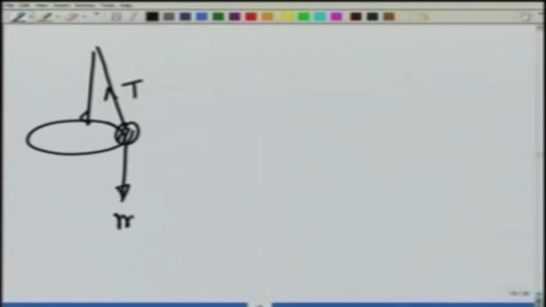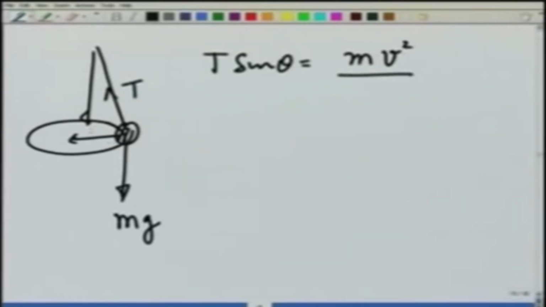So, when this bob is moving in a circle, this is the tension T in the rod, this is mg. This component of T provides a centripetal acceleration, and therefore, T sine theta must be equal to m v square over the radius of the circle, which is L sine theta, and T cosine theta must be equal to mg.